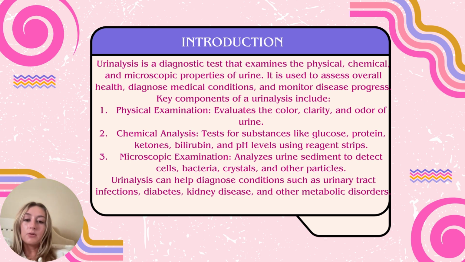Number two, chemical analysis, which tests for substances like glucose, protein, ketones, bilirubin, and pH levels using reagent strips. And microscopic examination analyzes urine sediment to detect cells, bacteria, crystals, and other particles. Urinalysis can help diagnose conditions such as urinary tract infections, diabetes, kidney disease, and other metabolic disorders.